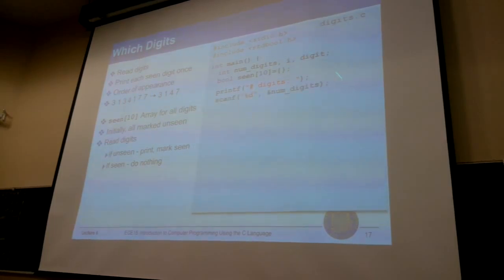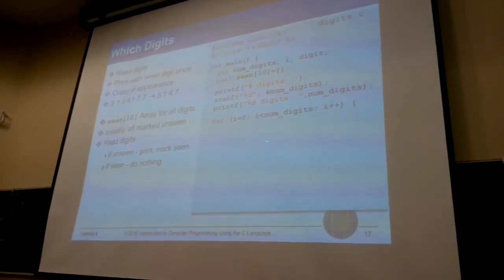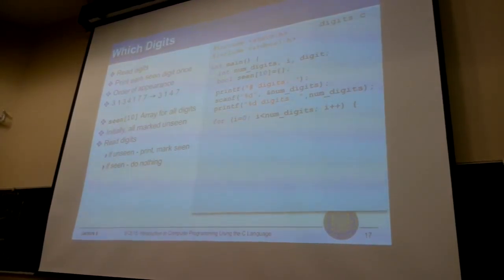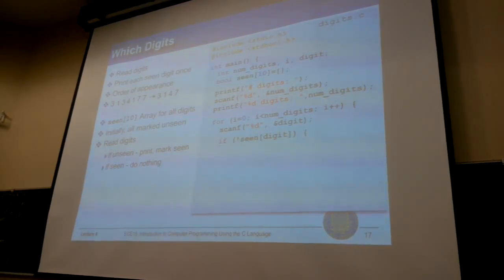Then we ask the user for the number of digits that they want to input. We then go ahead and print out the number of digits. And then we go ahead and take those digits in one by one using a for loop. When the user enters a digit, we check if the digit was seen, right, by checking our array here.